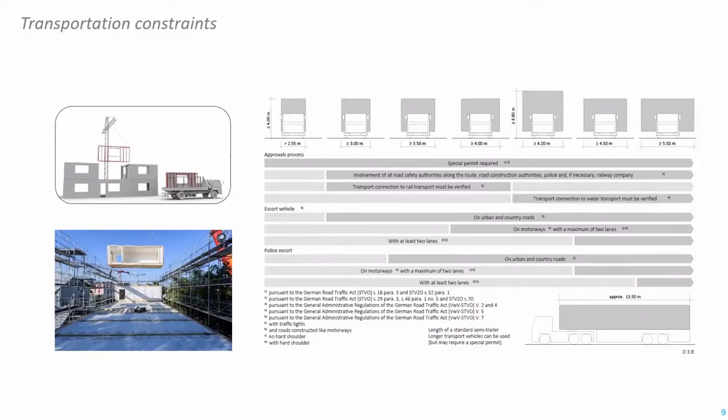Usually, as you can see, this will be more or less the max for these modules that almost look like containers that you place on standard trucks. Their dimensions are fixed by what you can transport.